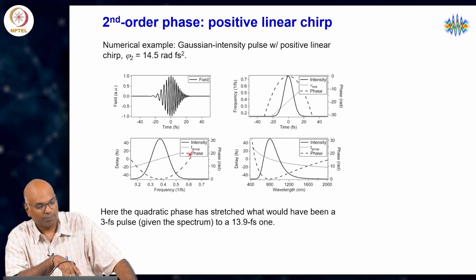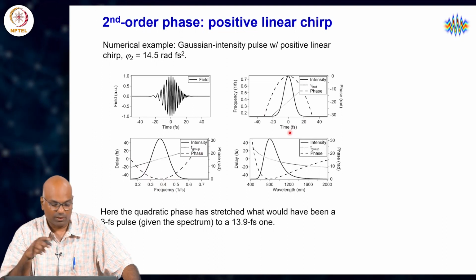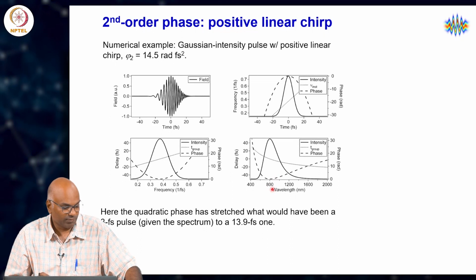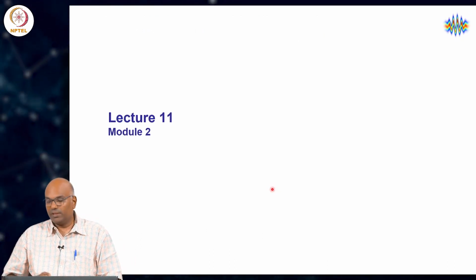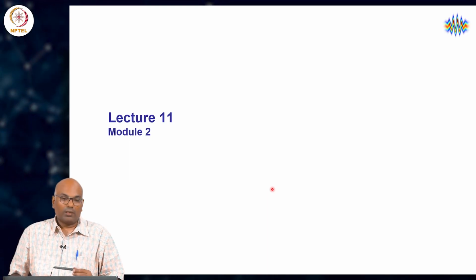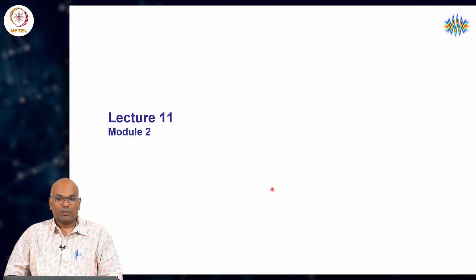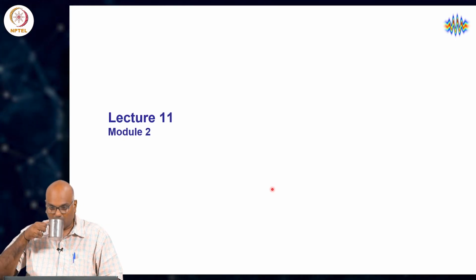In the case of frequency, it is an upward opening parabola, in the case of time it is a downward opening parabola, and we can transform from frequency to wavelength coordinates. So far we set things up nicely, and we delved into the third order phase term in our earlier discussion.